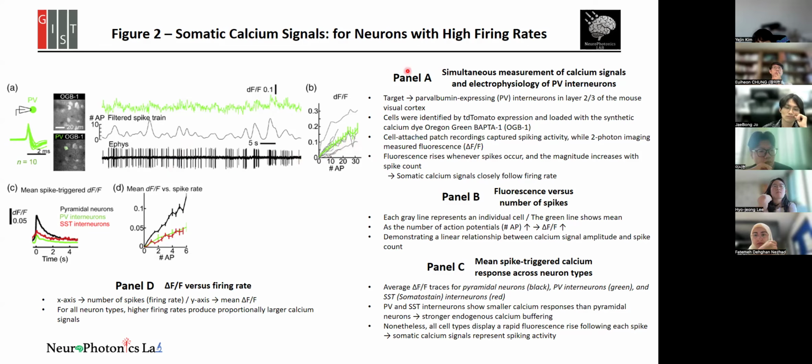Panel A shows the simultaneous measurement of calcium signals and electrical signals in PV interneurons. The target is the parvalbumin-expressing interneurons in layer 2/3 of the mouse visual cortex, and cells were identified by tdTomato expression and loaded with the synthetic calcium dye Oregon Green BAPTA-1.